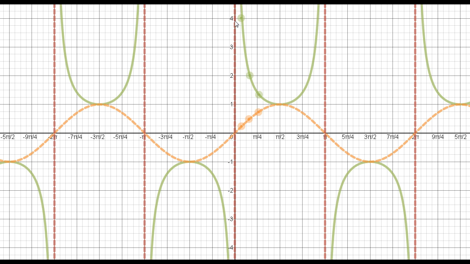What I get in green are all of the reciprocal values for what I have on the sine curve in orange. And the same is true here. I take all of these y values and I graph their reciprocal values and I get these. So these are going to be rough sketches. When you graph these, you need to graph the sine curve first.